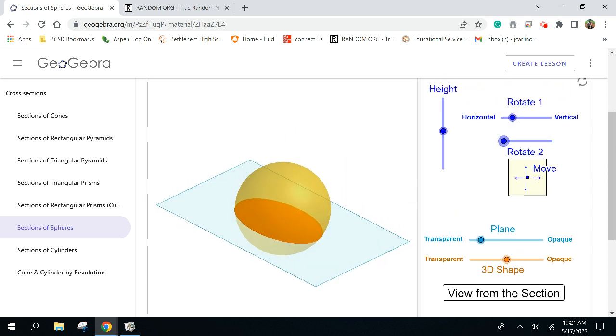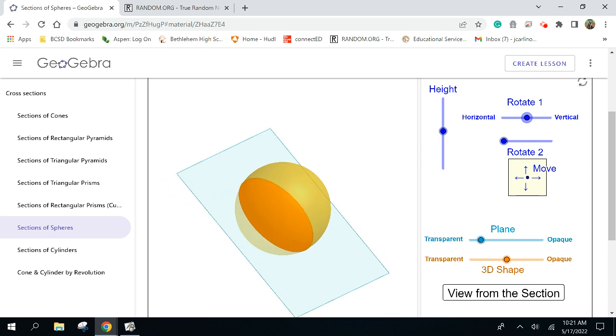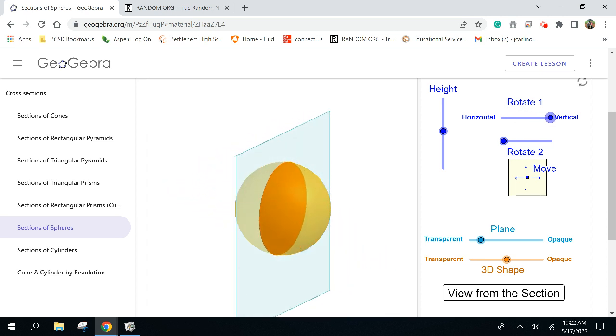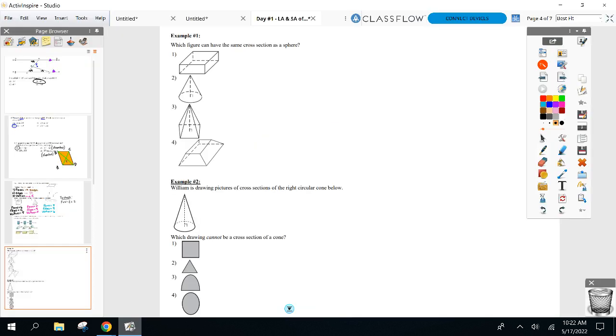It doesn't matter where I slice it or where I cut it, I'm always going to end up with a circle, right? All right, which one up here do you think will also have a cross section of a circle? Which one, when I cut it, I will see a circle somehow? Which one of those 3 or 4 up there? What do you think?